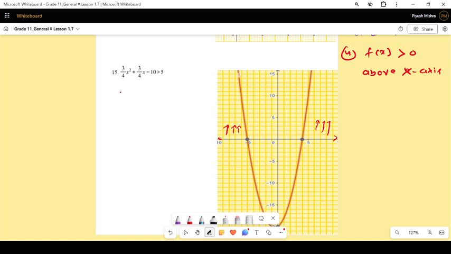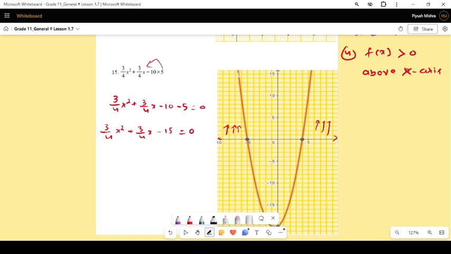Firstly I will be solving this one. If you solve, you can write here 3 by 4 x square plus 3 by 4 x minus 10, I will be taking minus 5, this one will go this side, is equal to 0. Further solving it gives 3 by 4 x square plus 3 by 4 x minus 15 is equal to 0.